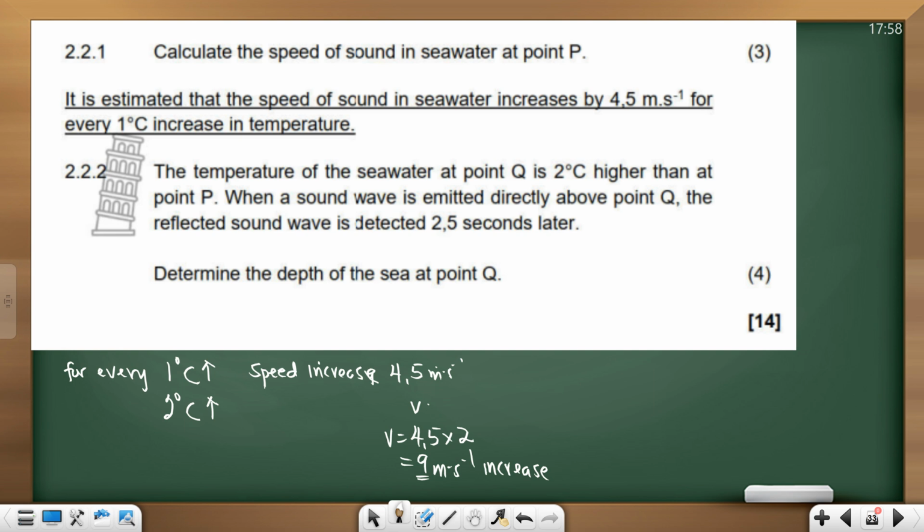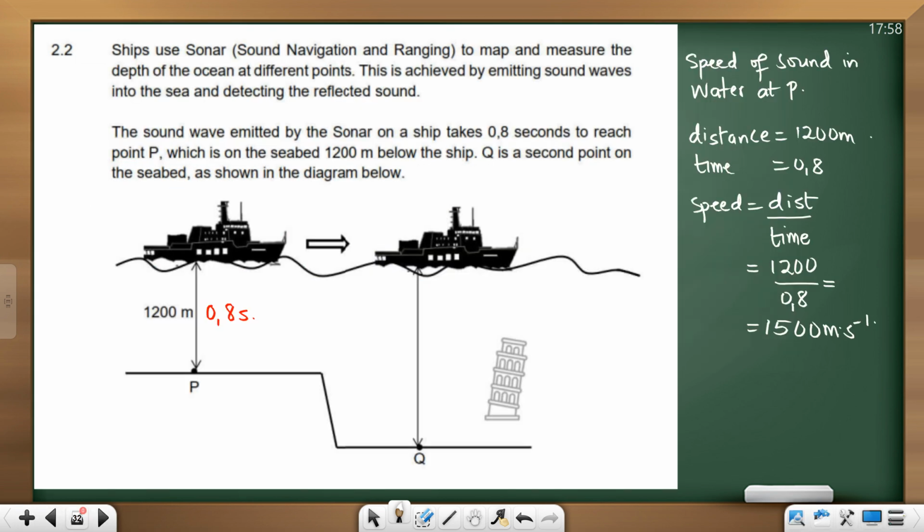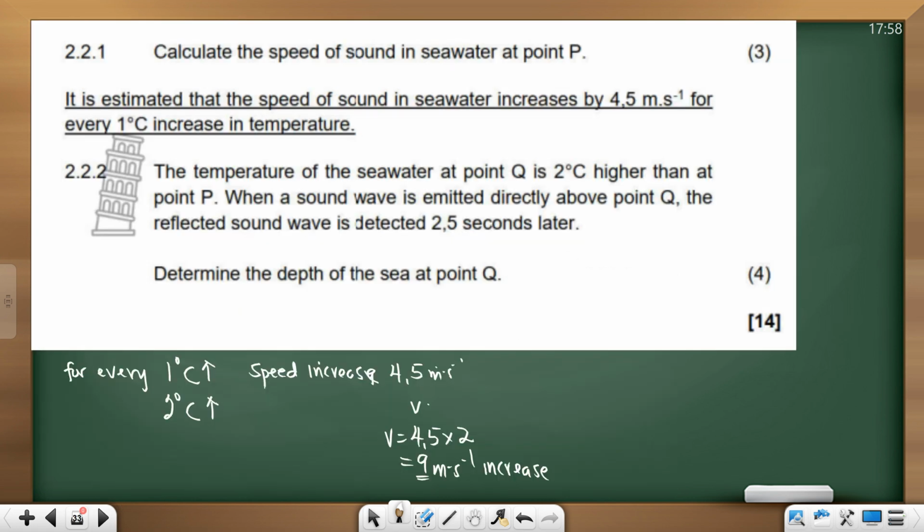All right. When a wave is emitted directly above point Q, the reflected sound is detected 2.5 seconds later. Wait, please get it. It says the detected sound. When a sound wave is emitted directly above point Q, okay, we see the diagram there.